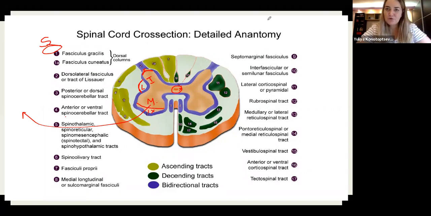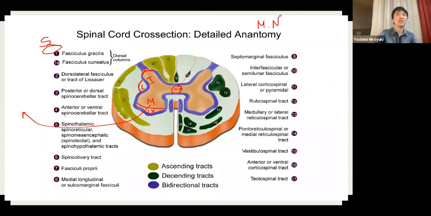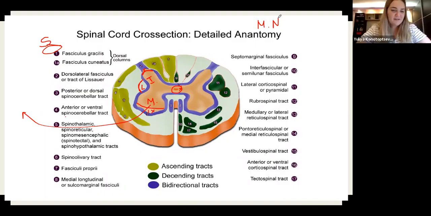Somatic efferent? No. Efferent is the entire, like you could say efferent, yes, okay, you could, but no, it has another name. Alpha motor neuron. Okay, so alpha motor neuron. That's another name for it. What is another name?